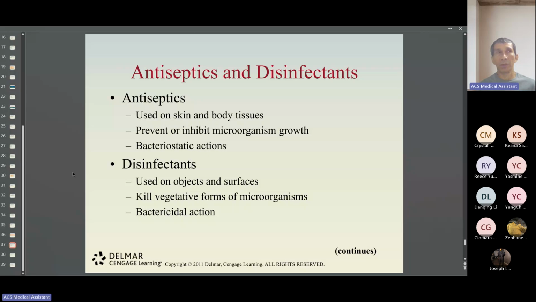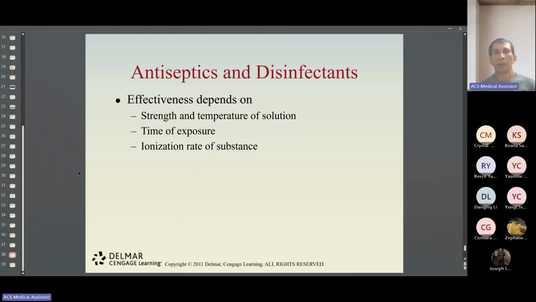What will be those samples? Alcohol, peroxide, iodine, betadine, all these chemicals that we use to pour on or to cleanse the skin. Disinfectants are for things that are not living organisms. So that's basically what it is. Very simple.